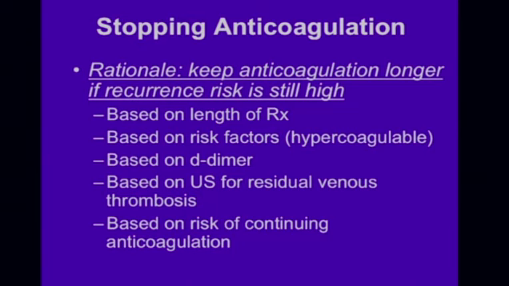But some people also use ultrasound to look at residual venous thrombosis and see if there's residual material, because anything over a few millimeters puts the patient at higher risk. And anticoagulation may or may not be stopped based on the risk of continuing it, obviously, since there are important risks of giving an anticoagulant.